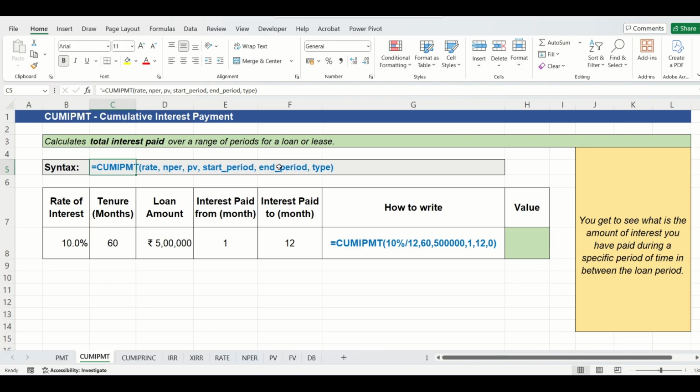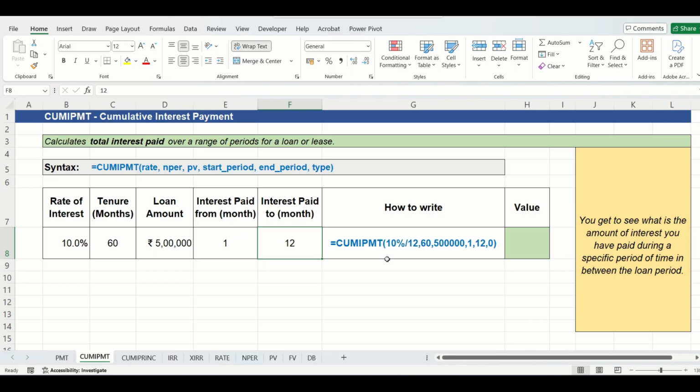Start period and end period define the range for which you want to get the interest payment of that loan. So if you are interested to know how much interest you have paid for a loan from the beginning to 1 year, then the start period will be 1 and the end period will be 12.